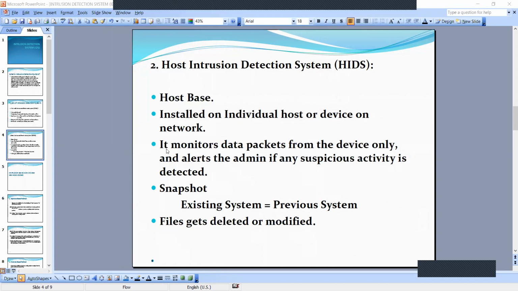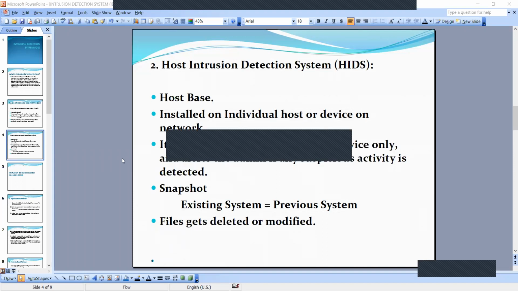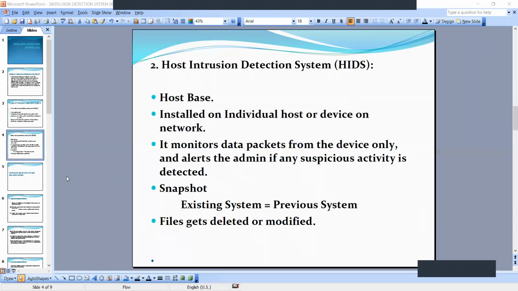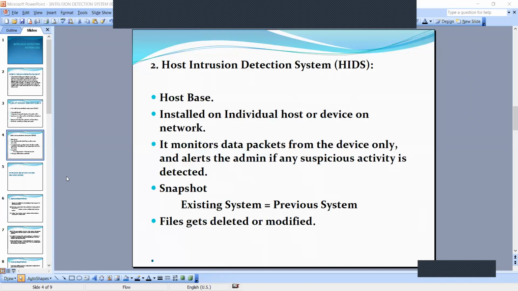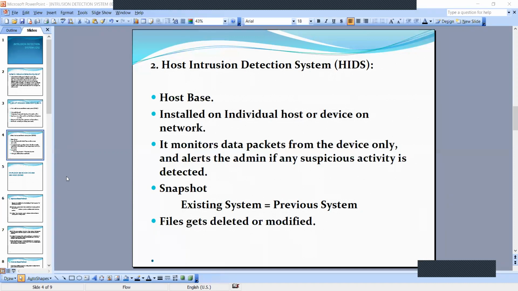So they are installed on individual hosts or devices on the network. It monitors your data packets from the device only, and just like NIDS, if it finds some suspicious activity, it will alert your system administrator.